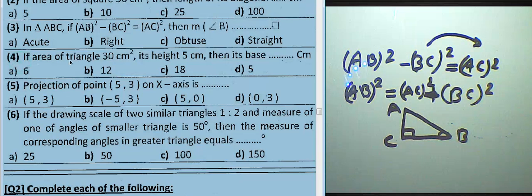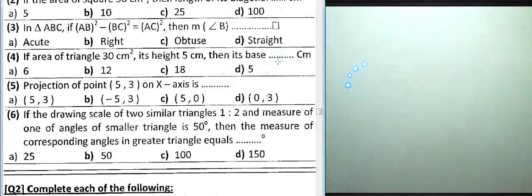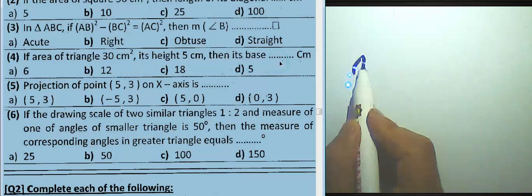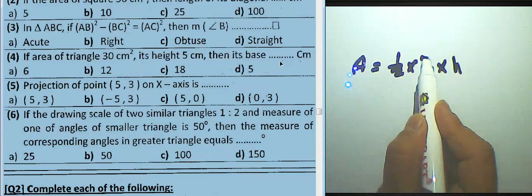Question number 4, if the area of a triangle is 30 square centimeters and its height is 5 centimeters and its base equals space centimeters. We know the area of a triangle equals half multiplication by base multiplication by height.